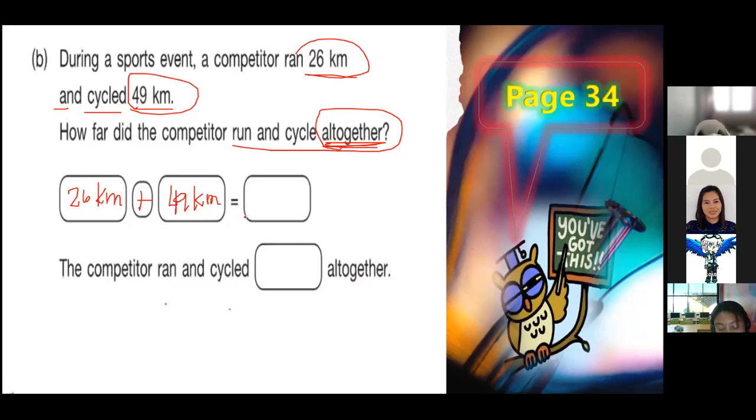So the answer is 75 kilometer. Okay, so it means the competitor ran and cycled for 75 kilometer all together. Okay, finish.